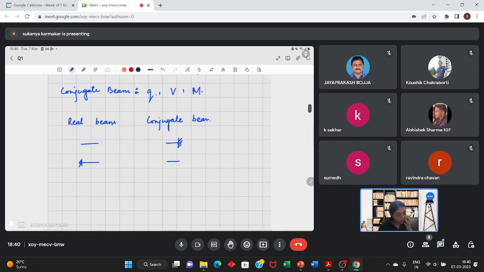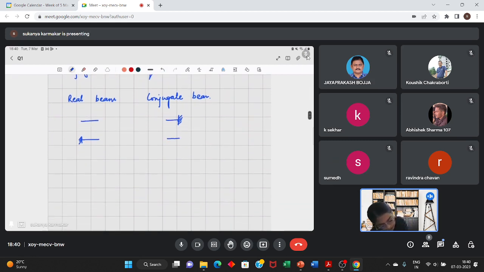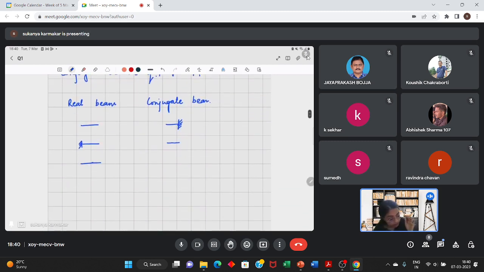Similarly, when it is a roller, sorry, not roller, this is an internal hinge.